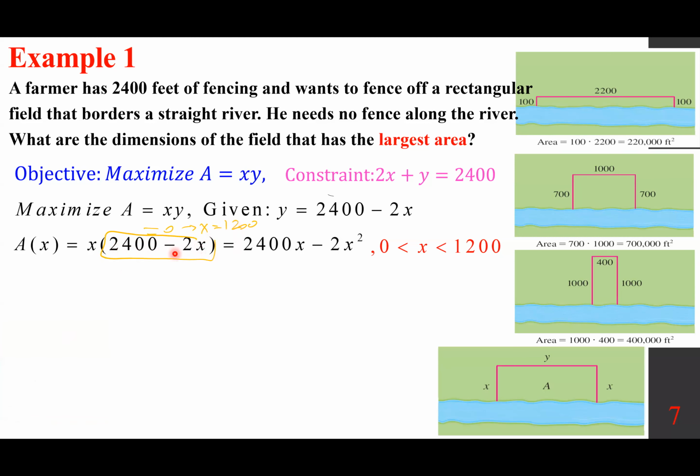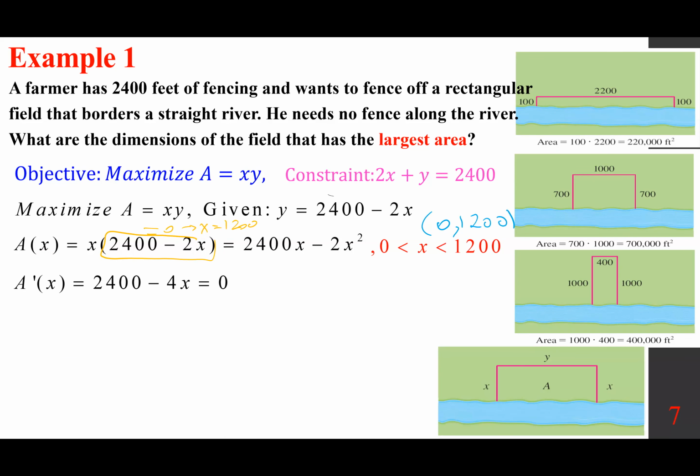If you choose it to be larger than 1,200, it becomes negative. Area can't be negative. So therefore, you have an open interval of 0 to 1,200.